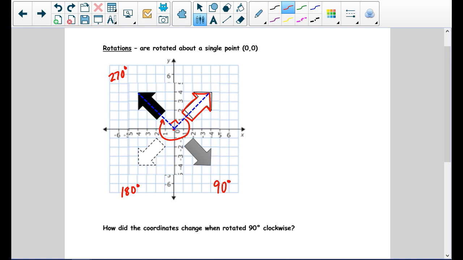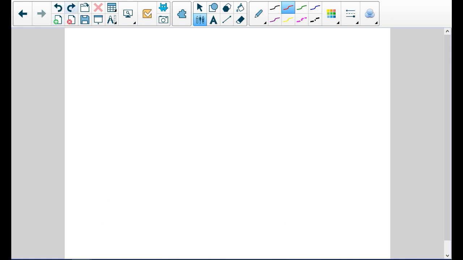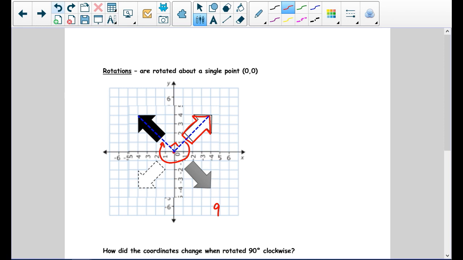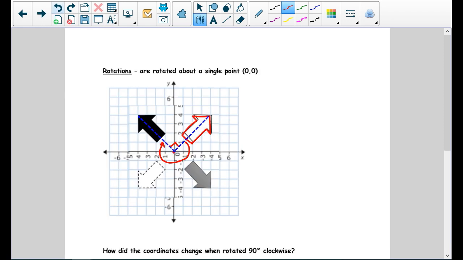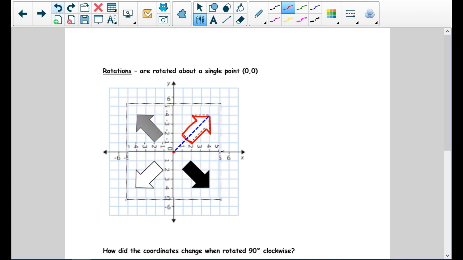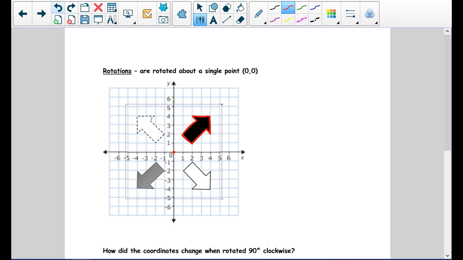Okay, so let's take a look at those values now. Let me get rid of those lines. Okay, so there's our original shape. Again, we have our 90-degree rotation clockwise here.